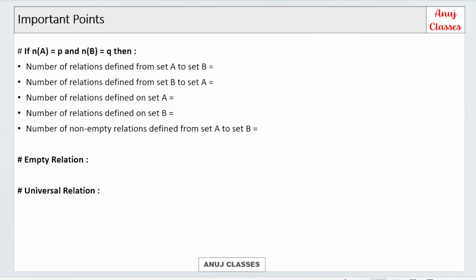So, the number of relations defined from set A to B. We know that the number of relations is nothing but the total number of subsets. If P and Q are the numbers of elements of A and B, then the total number of subsets, or total number of relations, is 2 to the power PQ.